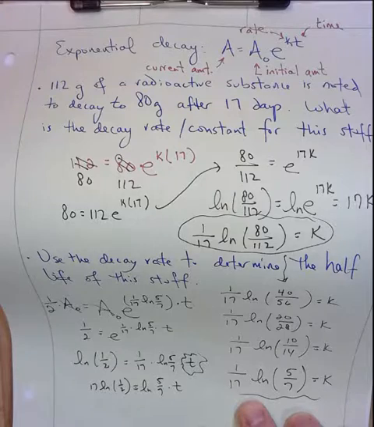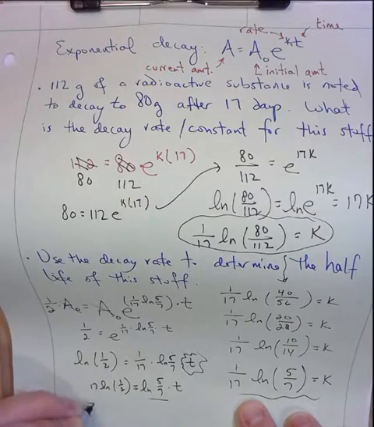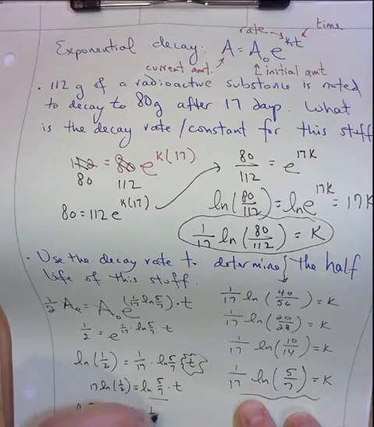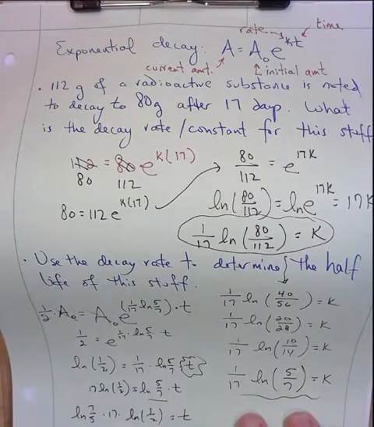And now I need to divide by natural log of 5/7. So maybe I divide by this, and I get natural log of 7/5 on the other side, times 17 times natural log of 1/2 equals t. That is incorrect. I'm going to leave it to you to decide what I did wrong and how you should fix it. Ha ha.